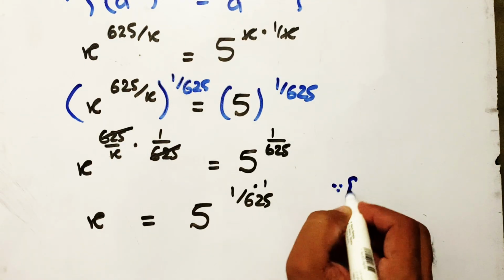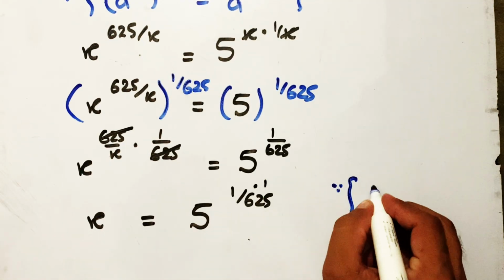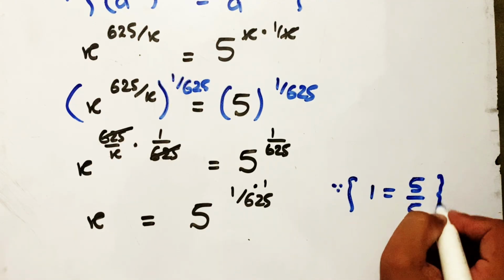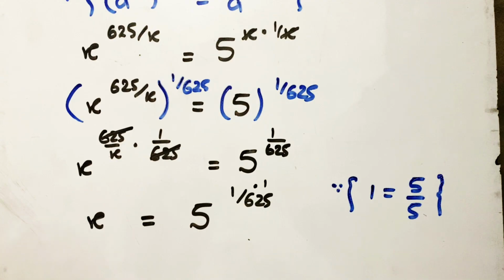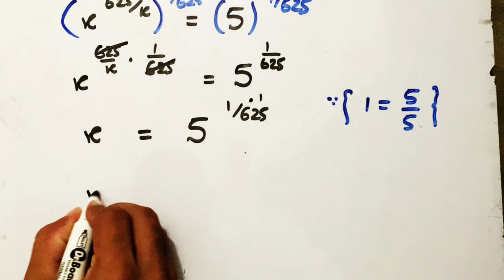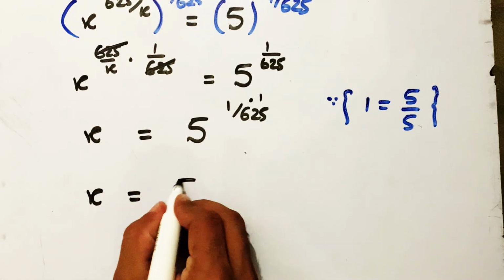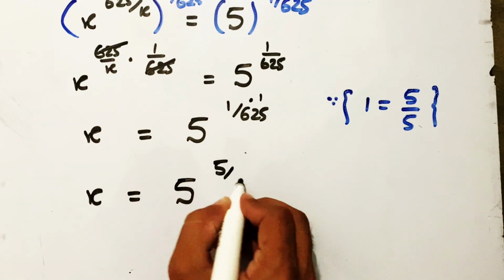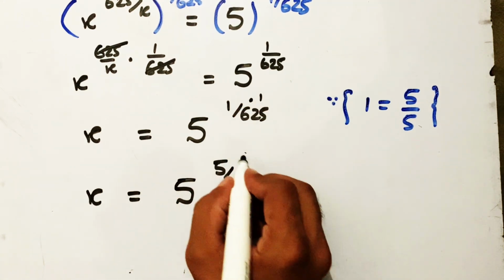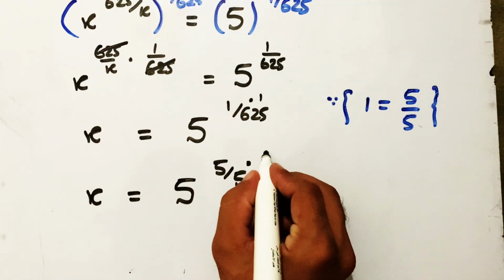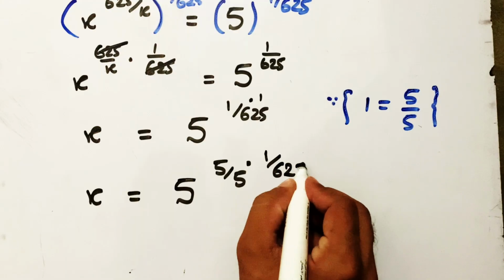If I write 1 as 5 divided by 5, they are equal to 1. So I rearrange this value: x equals 5, and the power is 1, which is 5 divided by 5, multiplied by 1 divided by 625.